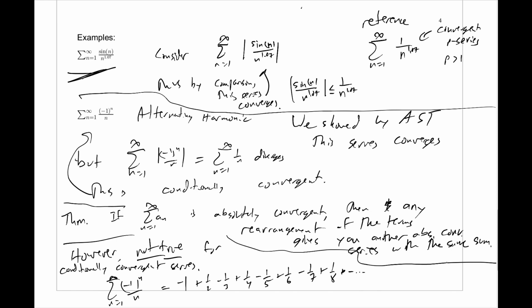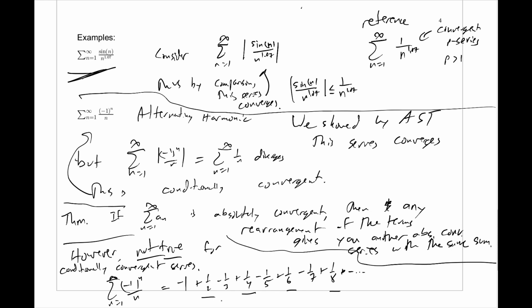This series converges, again, by the alternating series test. If you look at just the even terms, you'll see you have the sum of the reciprocals of the even numbers. That's each term is just 1/2 of a term from the original harmonic series. Just the even terms diverge by themselves. And it should be pretty easy to see that if you take just the odd terms, all the negative ones by themselves, they'll diverge.